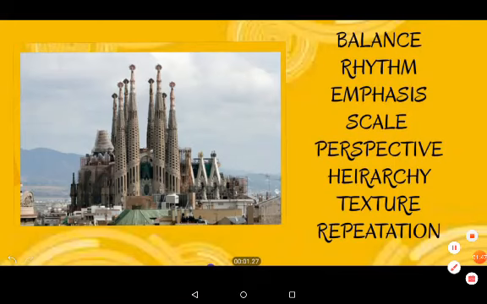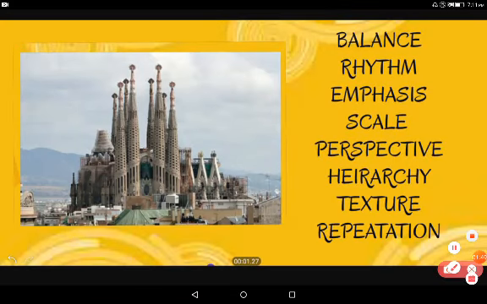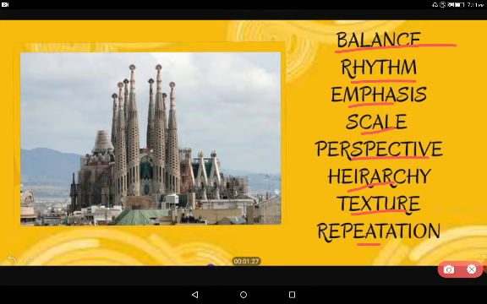So these are the responses I got from you: balance, rhythm, emphasis, scale, perspective, hierarchy, texture, repetition, etc. So balance is there in the figure. I can't see any rhythm.